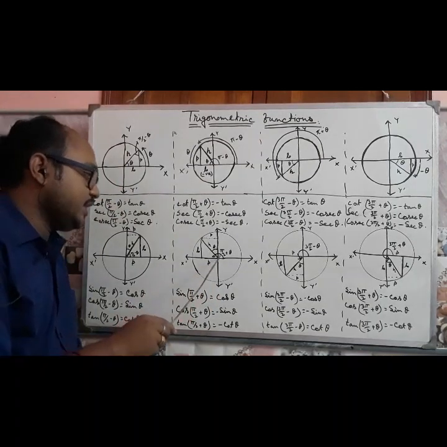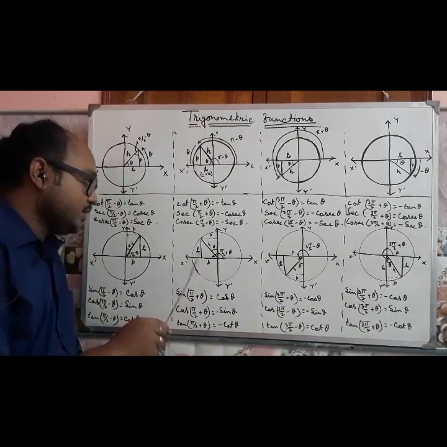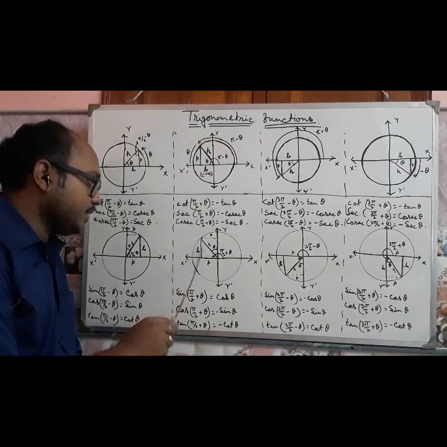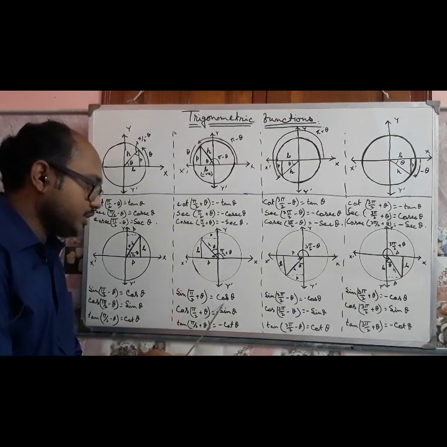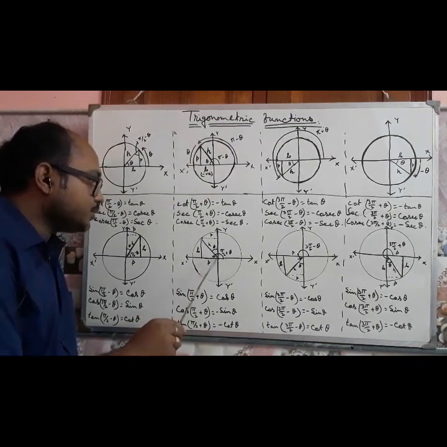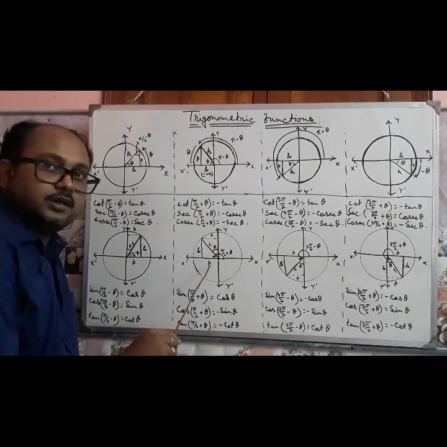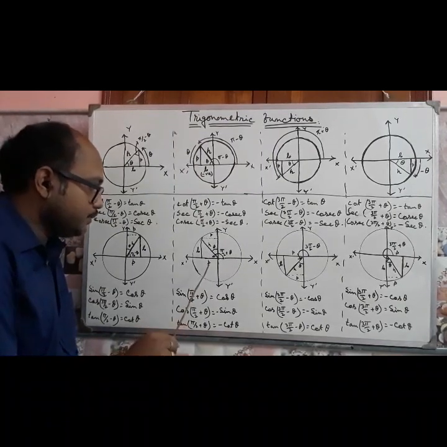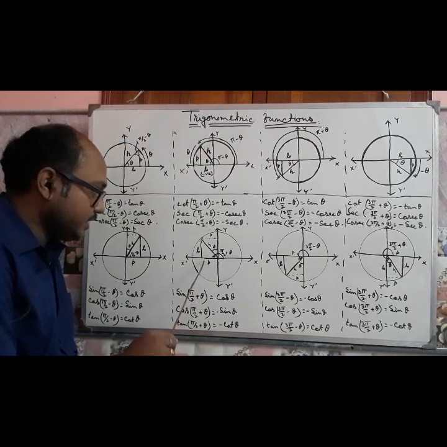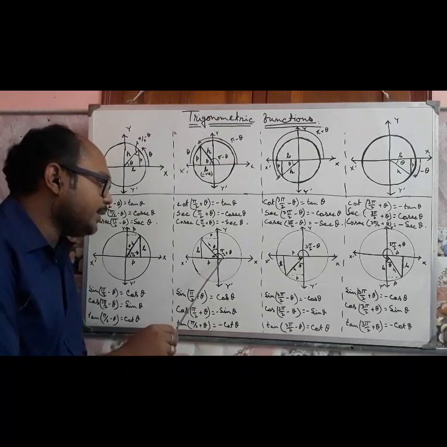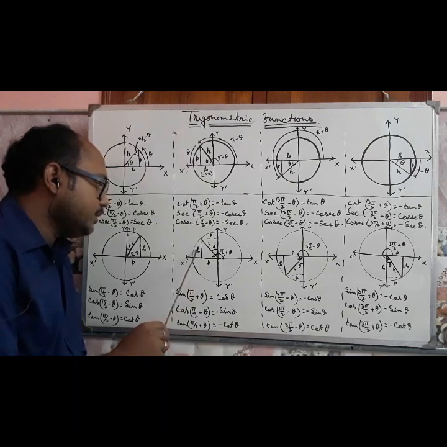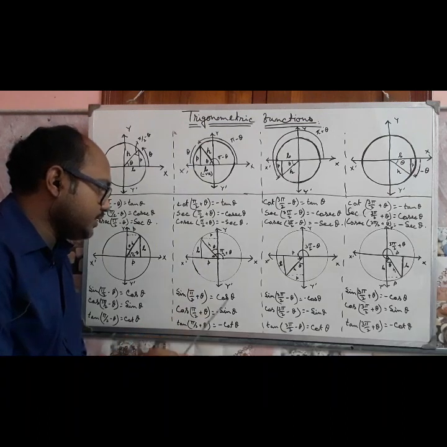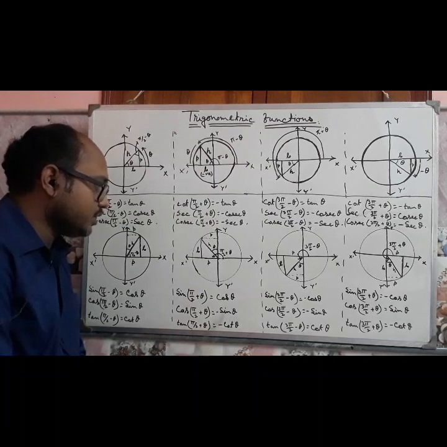Now let us find sin(pi/2 + theta), that is perpendicular by hypotenuse, that is B by h, both are positive, that is cos theta. Cos(pi/2 + theta) is base by hypotenuse, P by h, but P is measured here in the negative, that is minus sin theta. Tan(pi/2 + theta) is perpendicular by base, B by P, P is negative, that is minus cot theta.